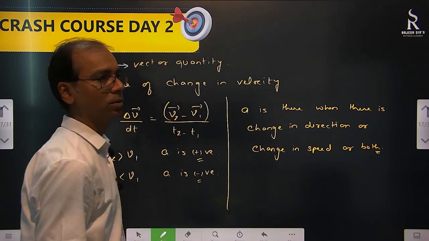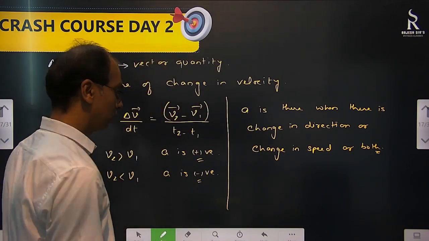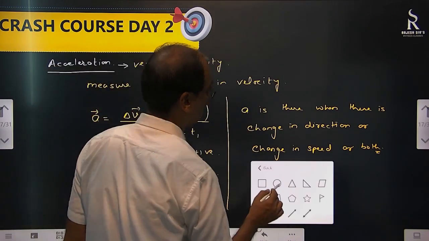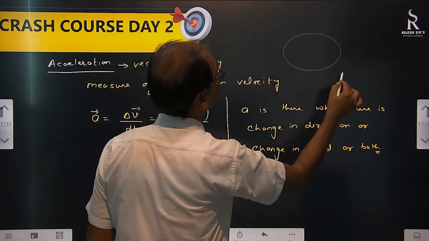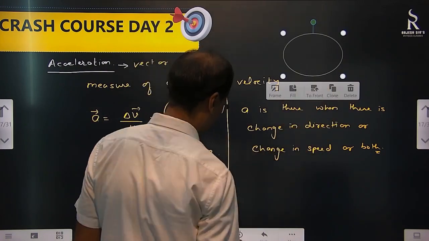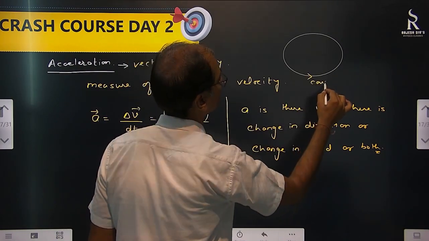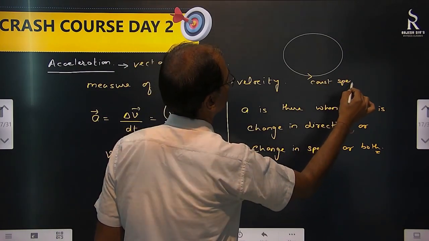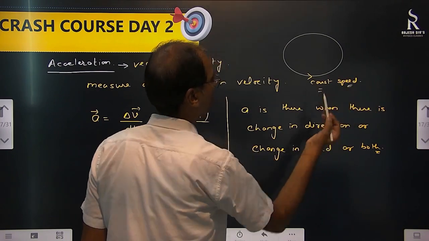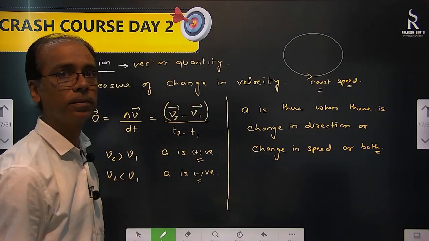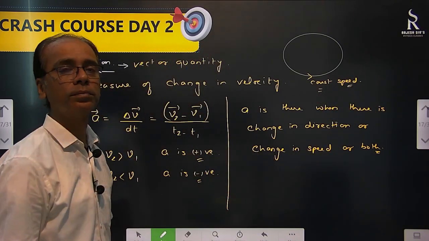Sometimes in circular motion we say that speed is constant. Constant speed. Acceleration is there or not there? It's there. Direction is changing.